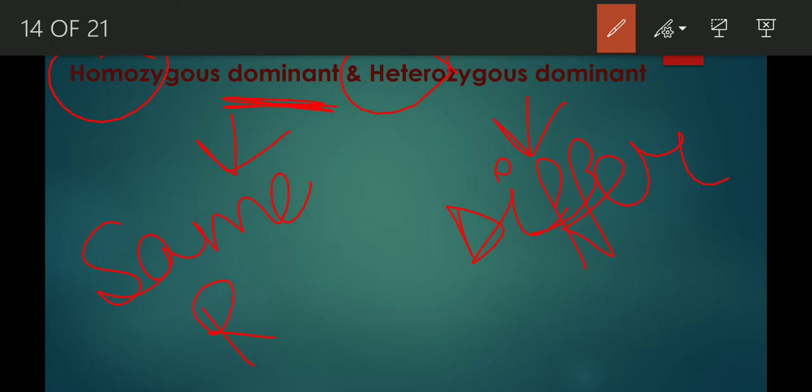If we again take the example of tongue rolling, then the homozygous dominant condition will contain both capital R, and the heterozygous dominant condition will be one capital R and another small r, because here the two alleles present are of different types, and at the same time dominant. Here R is present, so it will dominate the small r, that is the recessive allele.